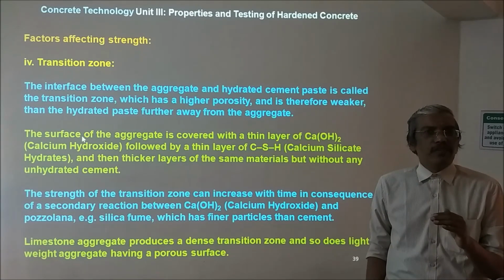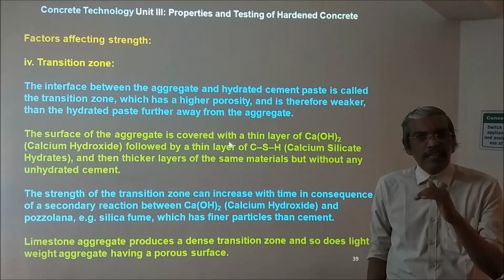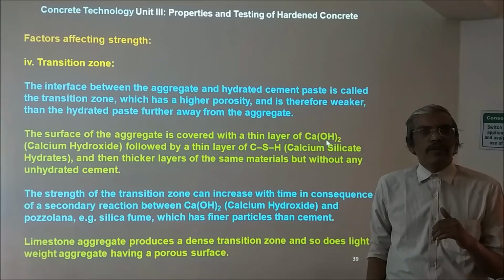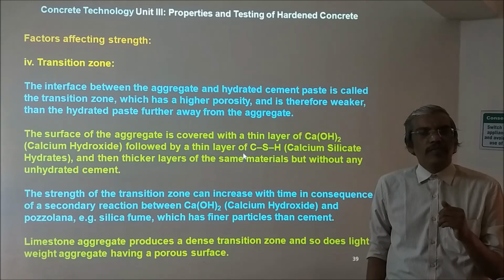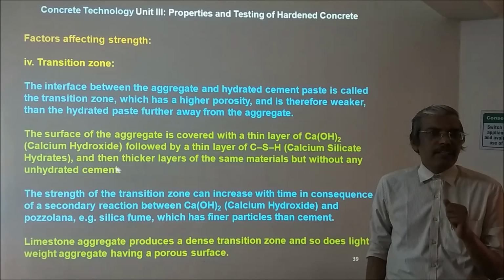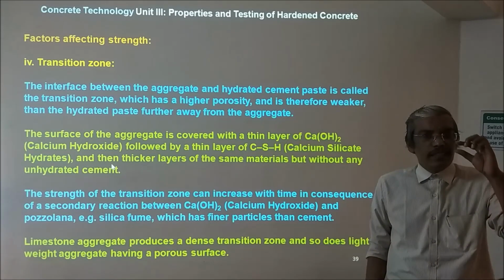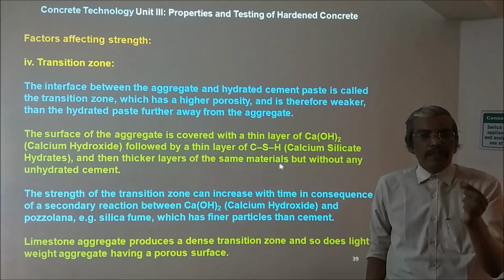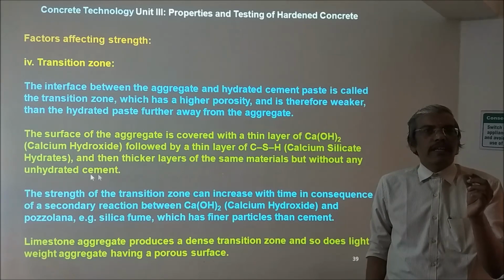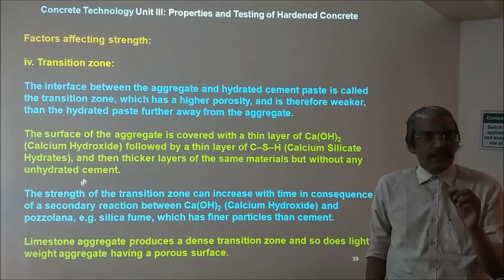The surface of the aggregate is covered with a thin layer of Ca(OH)2, that is calcium hydroxide, followed by another thin layer of C-S-H, that is calcium silicate hydrates, and then a thicker layer of the same materials but without any unhydrated cement.